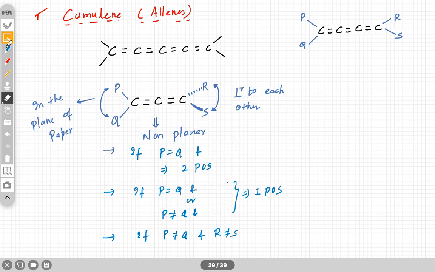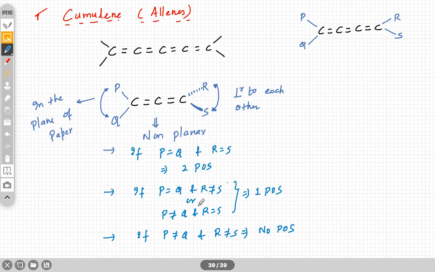So it should be P, Q, R equals S here, R does not equal S, and R equals S. If this condition we have, then there is no plane of symmetry present. So these three conditions you should keep in mind, and then you can find out the plane of symmetry.